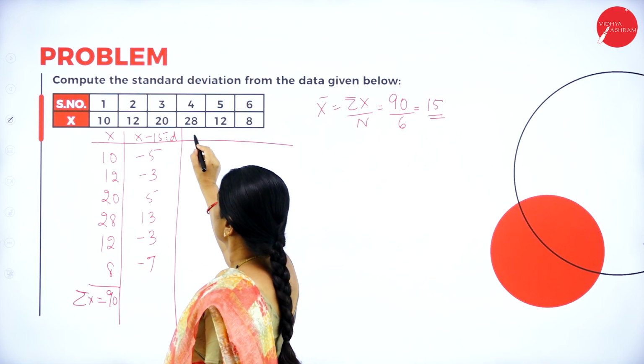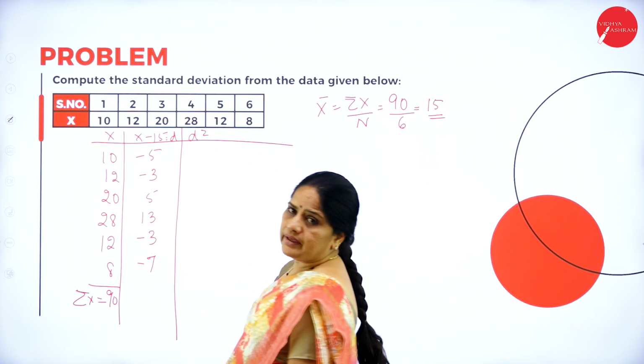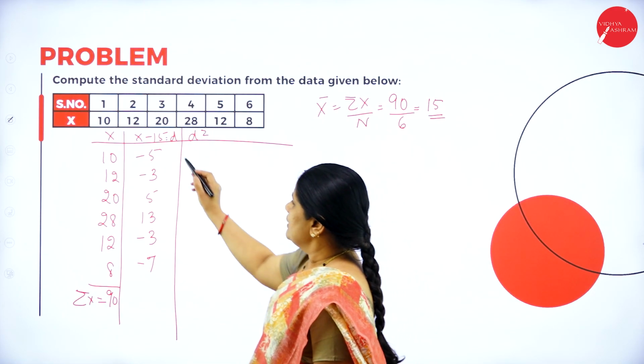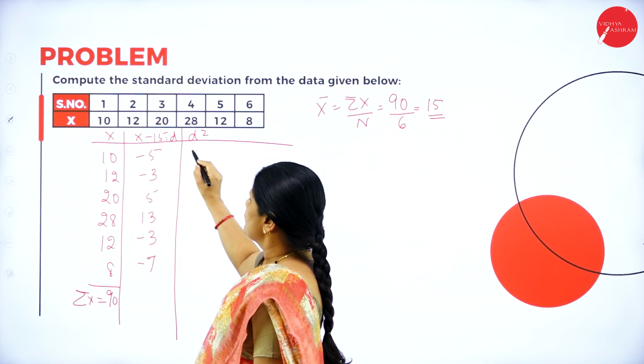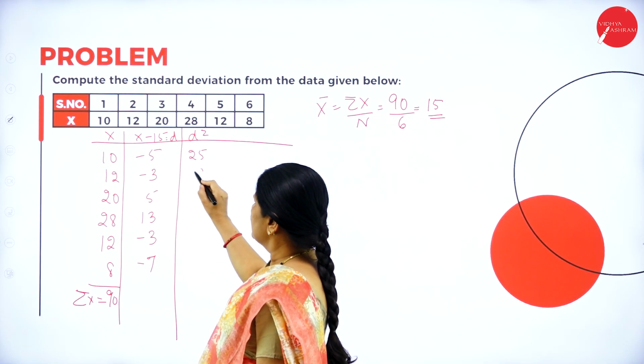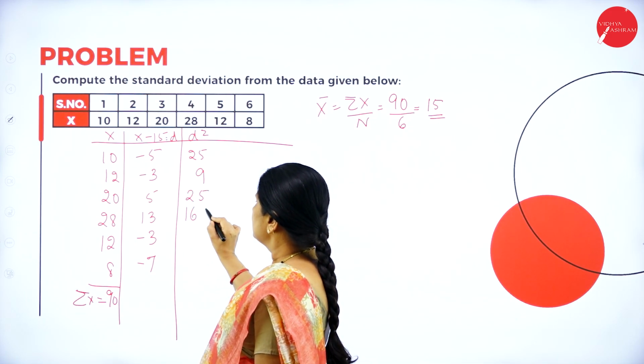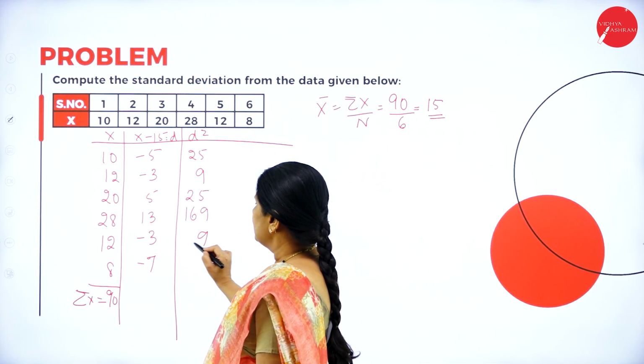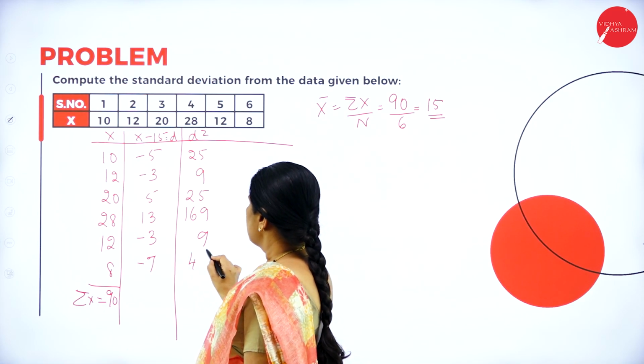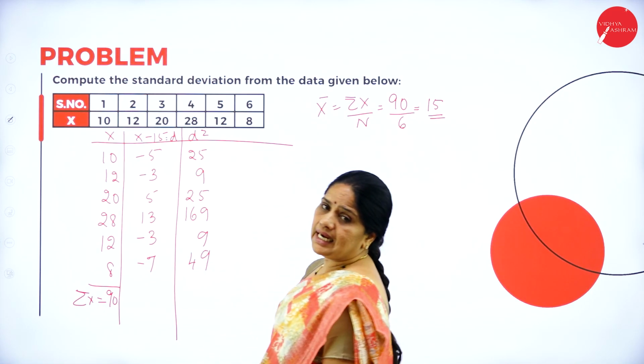Next we have d square, which will be the square of these values. 5 fives are 25, 3 threes are 9, 5 fives are 25, 13 thirteens are 169, 3 threes are 9, 7 sevens are 49.